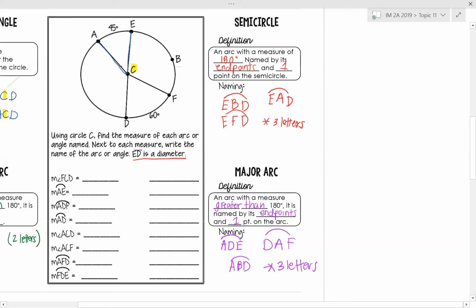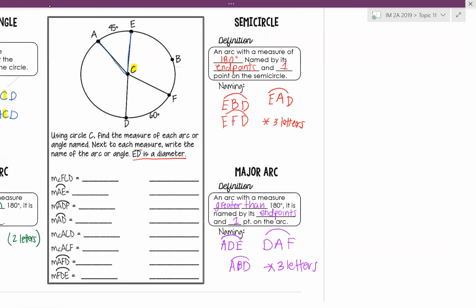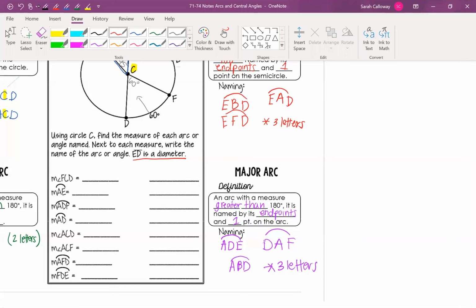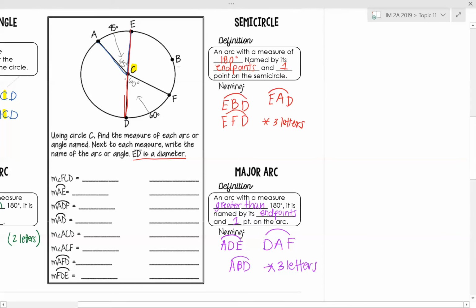So what that also tells us then is that the central angles that are across from them are also those same measures. So I know that this is 45 degrees here and that this is 60 degrees here. Okay, remember that ED is the diameter. So I know that that is cutting my circle in half so that each of those are semicircles.